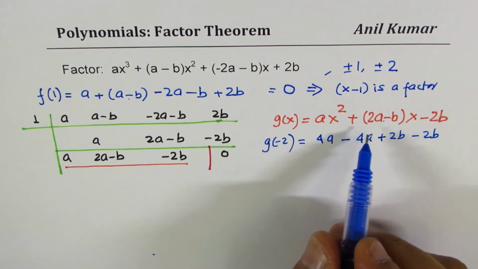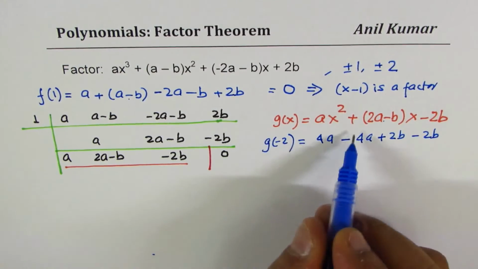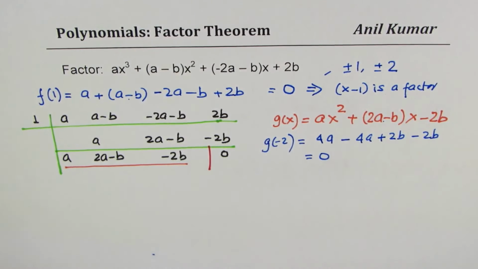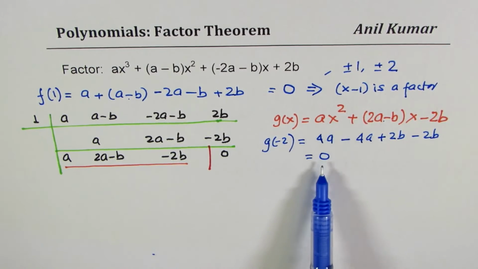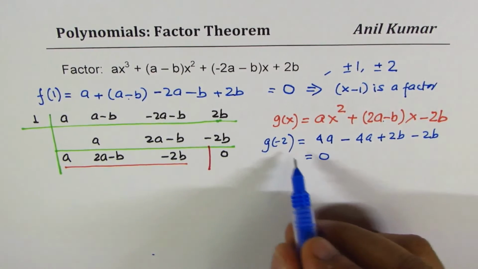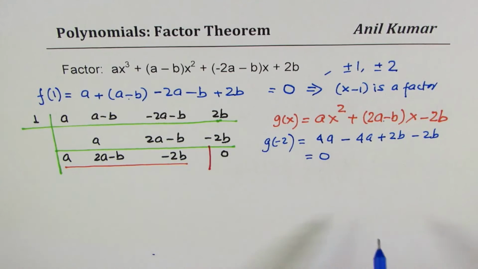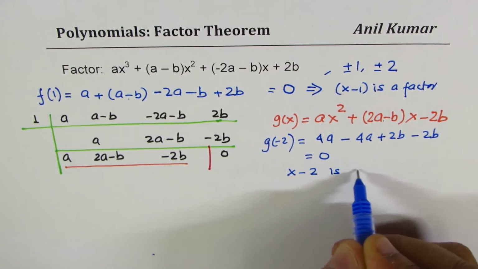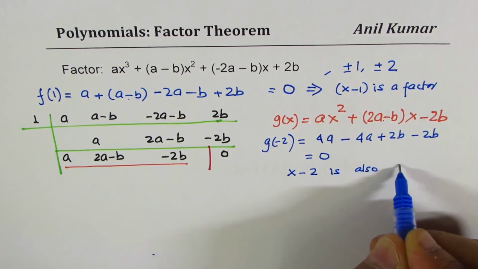This is when x is equal to minus 2, and that is also equal to 0. Do you see that? Substituting minus 2 gives us another factor, and that means x minus 2 is also a factor, correct?